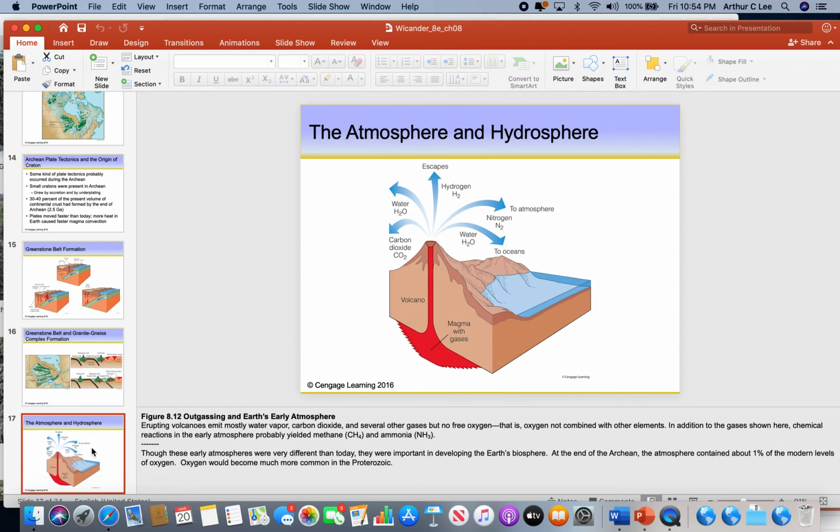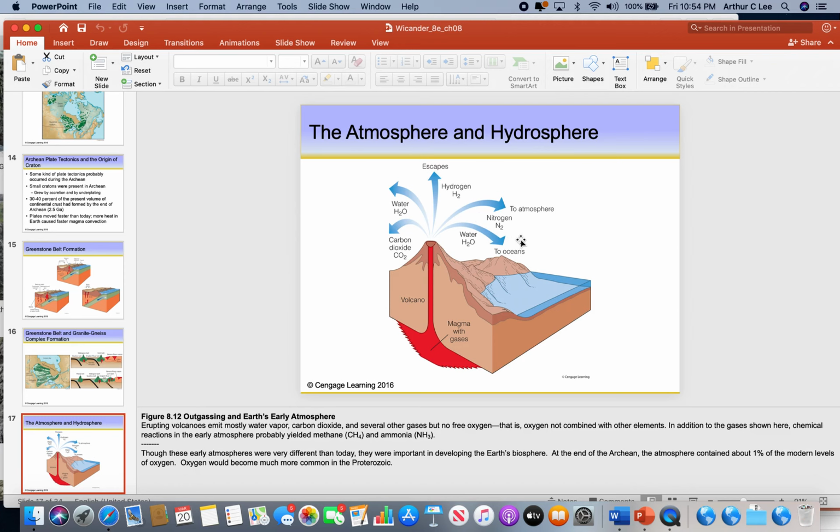Another thing that happened that's really important during the Archean is that's when we formed our atmosphere. Now, where does our atmosphere come from? Well, it comes mostly from volcanic outgassing. When volcanoes erupt, they release all kinds of different gases: carbon dioxide, water, hydrogen, nitrogen.